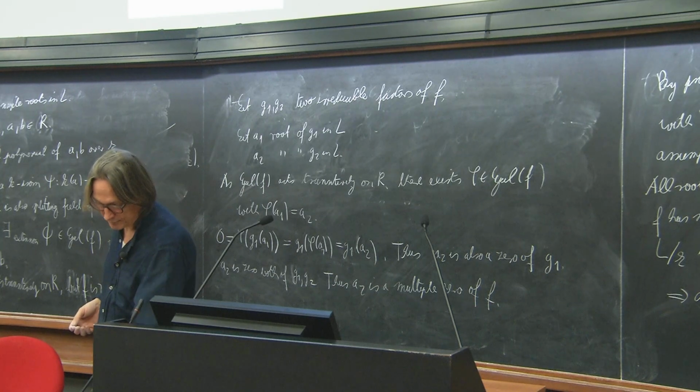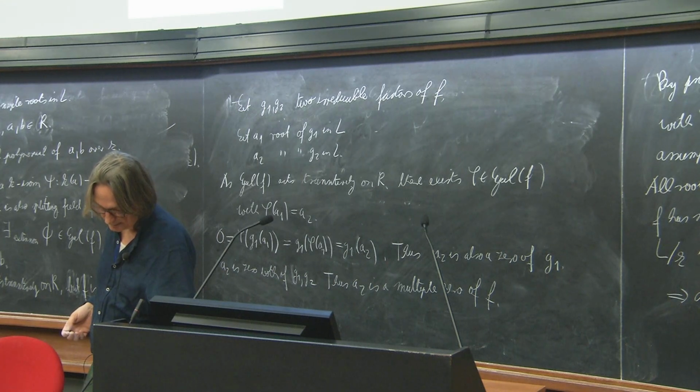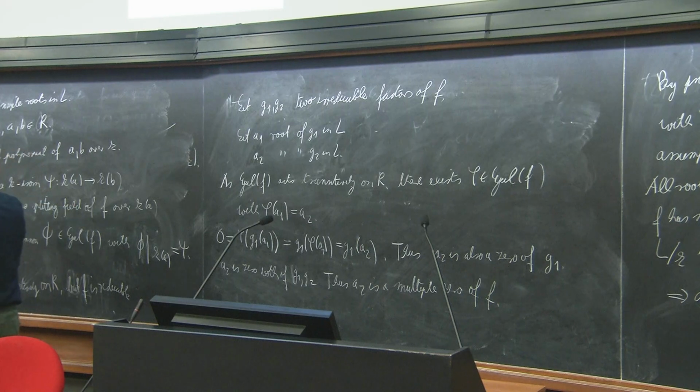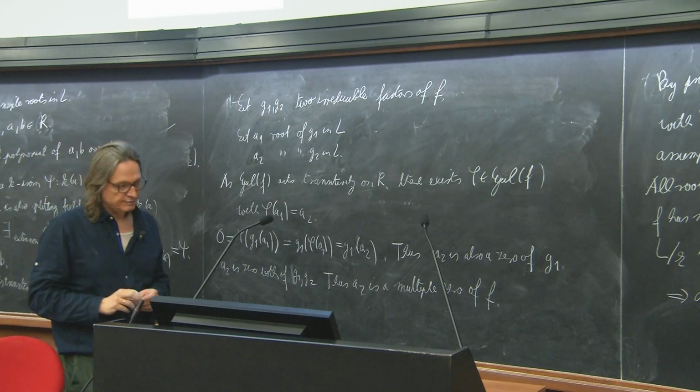And then after that, we will use these results to study a classical problem, namely when can a polynomial in one variable be solved by radicals?